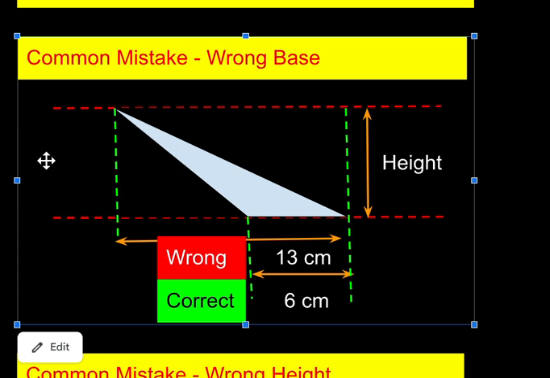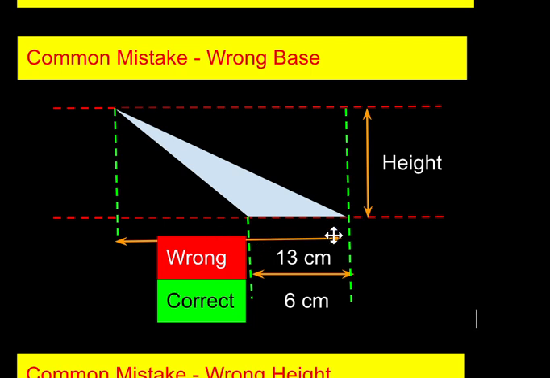They will tend to draw the line down and say use the base of 13 centimeter. So this is definitely wrong. The base in this case is not 13 centimeter. So 13 centimeter is the wrong base.